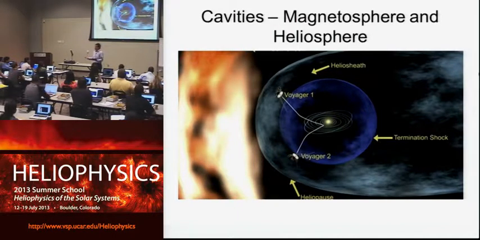So what does the sun's plasma and magnetic field do to the surrounding interstellar medium? It pushes out, it forms this cavity, and you would expect there should be interstellar stuff outside and solar stuff inside. And so you're looking for changes in the cosmic ray flux.